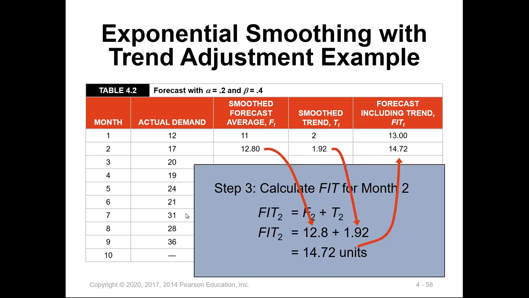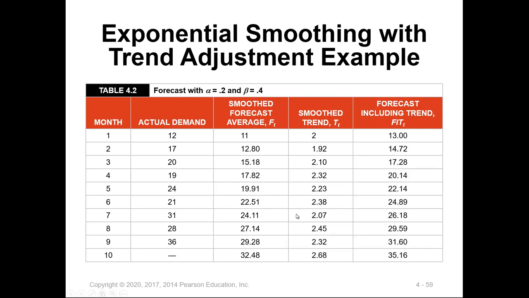Now we calculate the forecast including the trend, FIT, for the second month, which will equal F of 2 plus T of 2. That's 12.8 plus 1.92, and that will equal 14.72 units. So the forecast including the trend will equal 14.72 units.